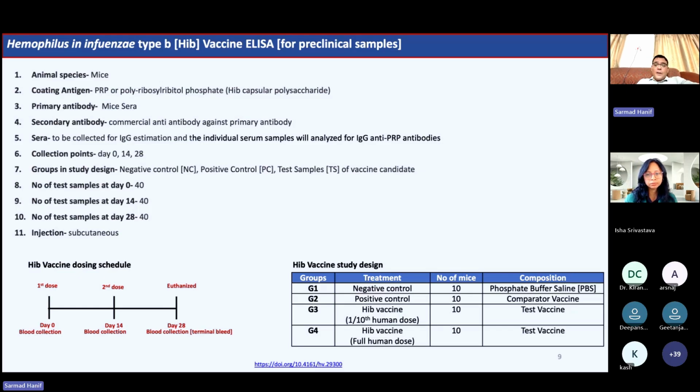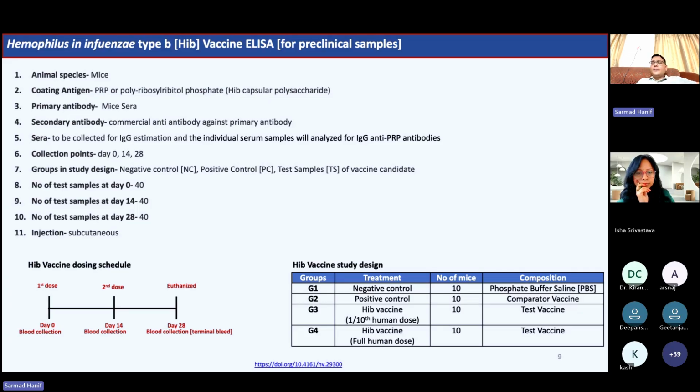Now coming on to the HIV vaccine study design, just as an example, I have put this design in which you have group one, which is the negative control. Obviously, in any assay, you want to see what is the value for the negative control, which should be the baseline, very close to zero.